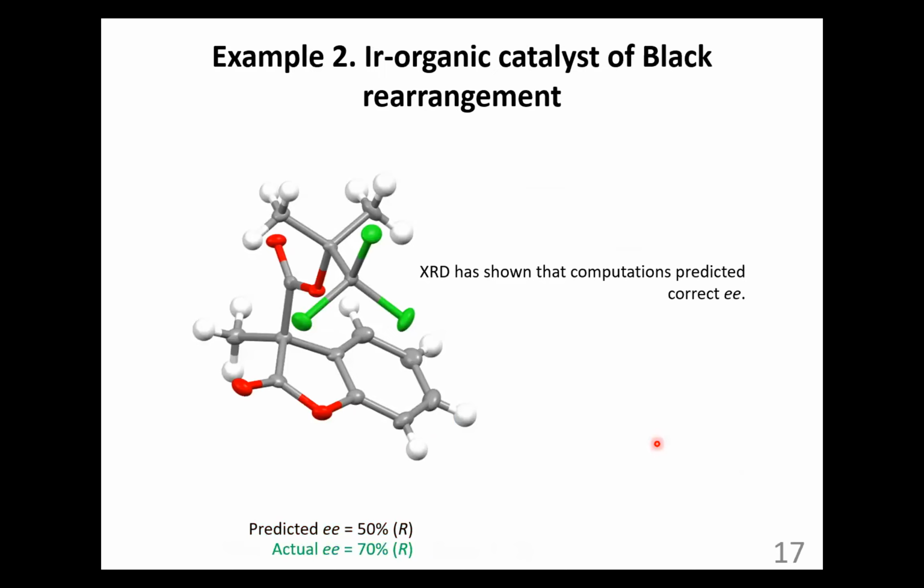Long story short, our colleagues have made an XRD study and found that indeed the correct prediction came from the calculation. Actual enantiomeric excess was 70% toward R configuration.